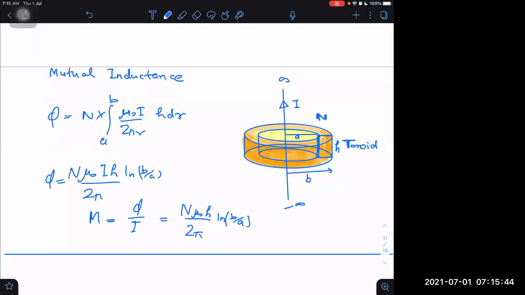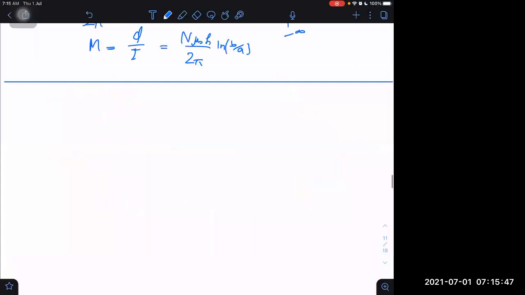Mutual inductance. One more question which we can take is this one and this one.